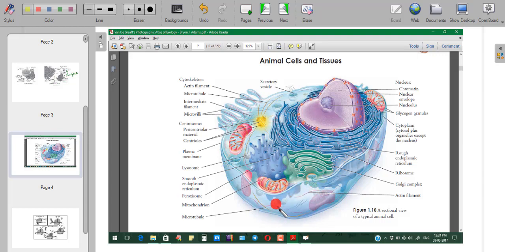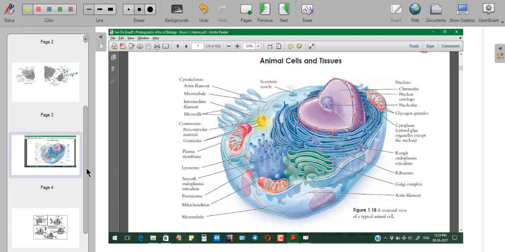You can see in the cytoskeleton how they are arranged inside. And then you can see the cytoplasm, then mitochondria. So the central nucleus, the nucleolus, nucleoplasm, and then nuclear pores, the double membranes you can clearly see here.